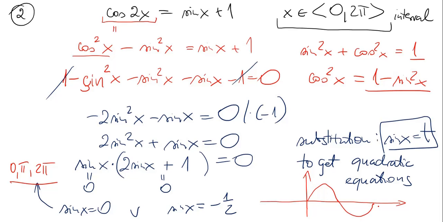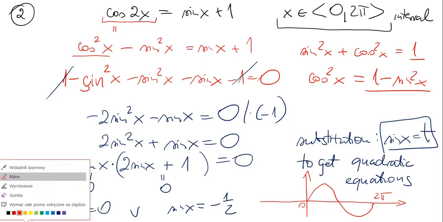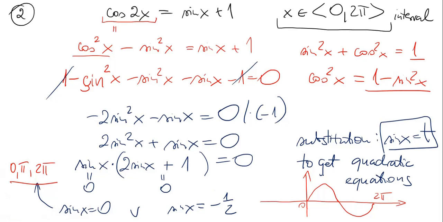And here, as you can see, we don't need to add the period, so we don't need to add 2k pi, because we have a restriction for our x. The x must be from 0 to 2 pi, so only these 3 points we can use here.